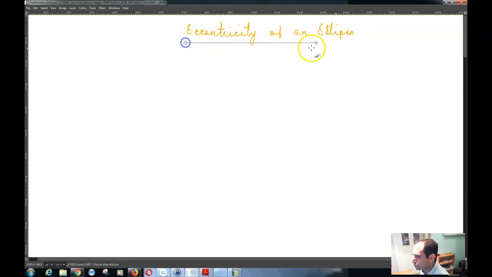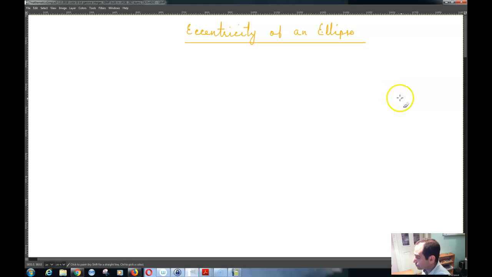We have the eccentricity of an ellipse. So basically the eccentricity of an ellipse is the ratio of the distances from the center of an ellipse to one of the foci and to one of the vertices of the ellipse.